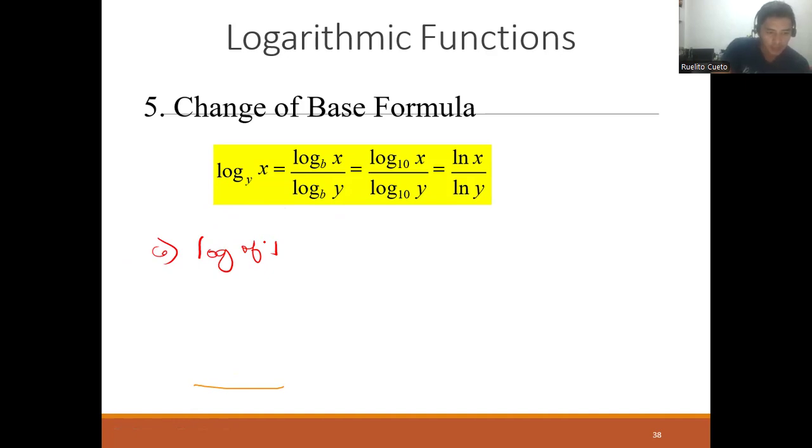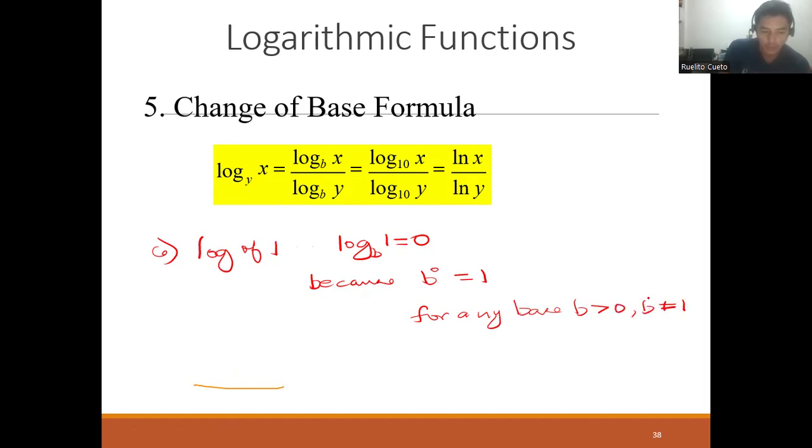Log of 1 to the base b is equal to 0 because b raised to 0 is equal to 1, for any base b greater than 0 and b not equal to 1.